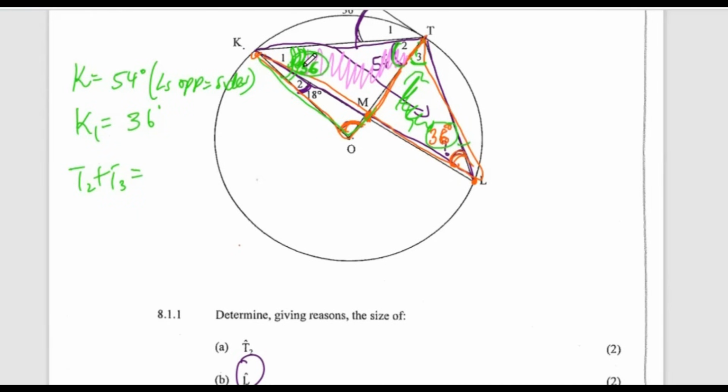So the 36 and a 36, which is 72, which means that's going to be 108. So angles in triangle KTL. If that is 108, but this is 54, which means T3 is going to be 54. So what I'm going to do, I'm going to say that T3 is the same as T2.